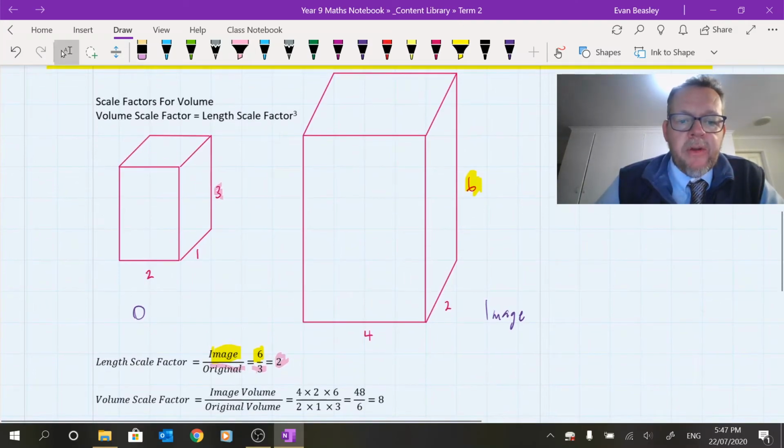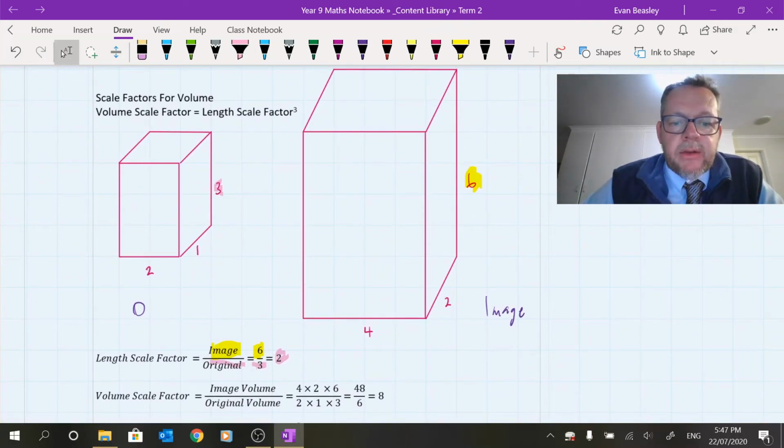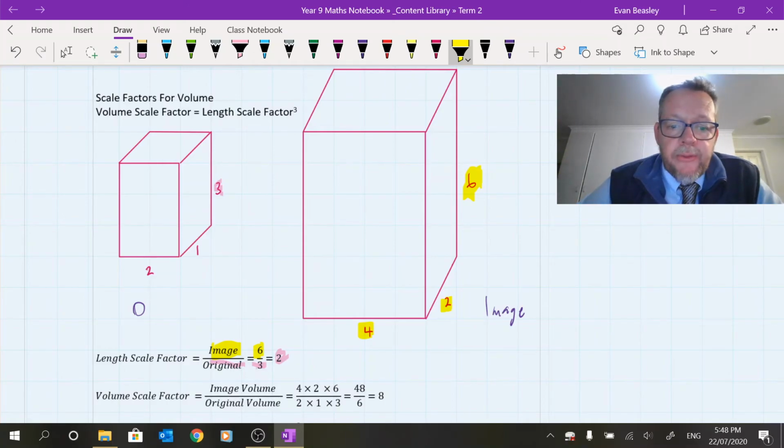Now let's work out my volume scale factor. To work out my volume scale factor, for rectangular prisms, I need to multiply length times width times depth. So 4 times 2 is 8. 8 times 6 is 48.